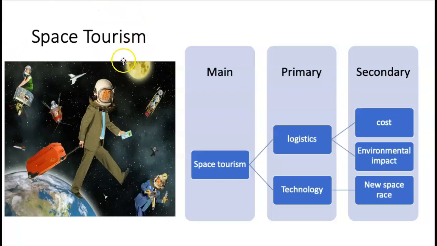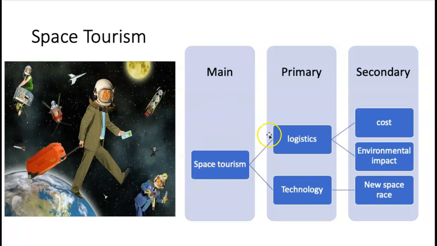Okay, so how does this work? Well, as I said, I'm going to take this particular topic of space tourism. Here we have it now. I find it very interesting. And I think to myself, well, I'm going to use a kind of mind mapping strategy at first to decide what are all the different aspects of space tourism and how might I focus my research question a little bit, okay? So my main topic, as you can see here, is space tourism.